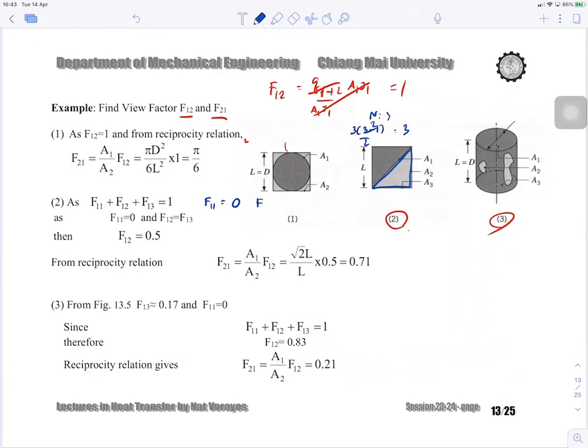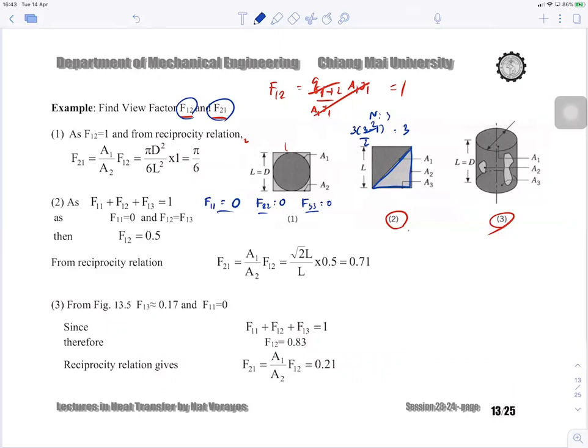And also F22 is going to be 0, F33 is going to be 0. See, you already know by intuition. You don't have to open the table, or go for the expression. After that, remember you need to find F12 and F21. None of this is telling the solution right away.